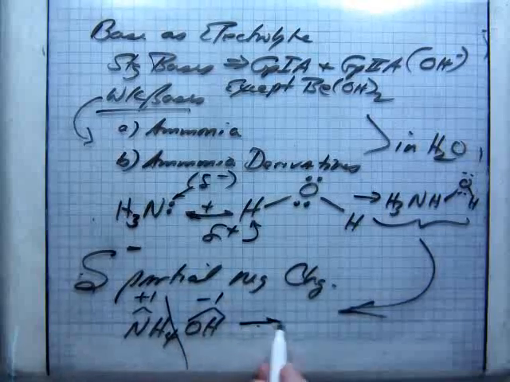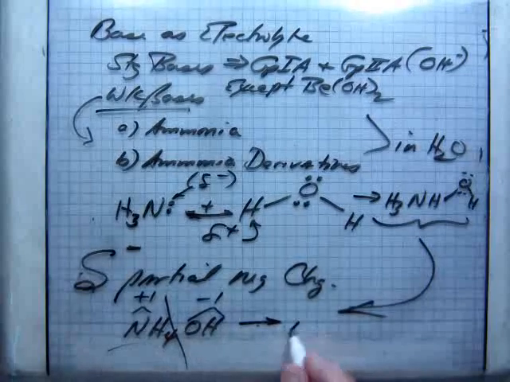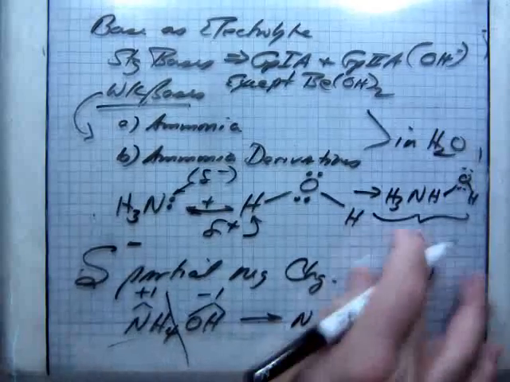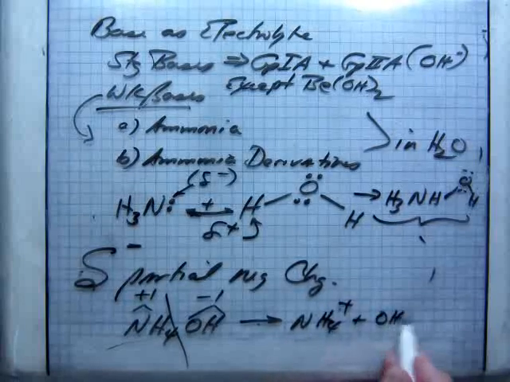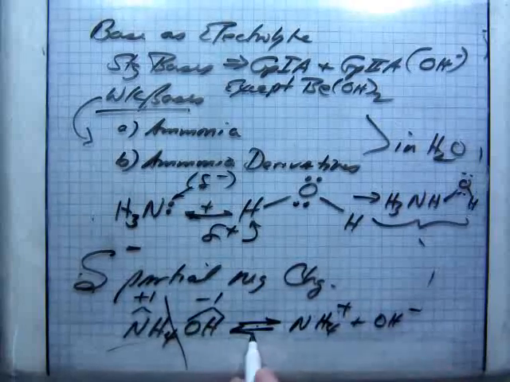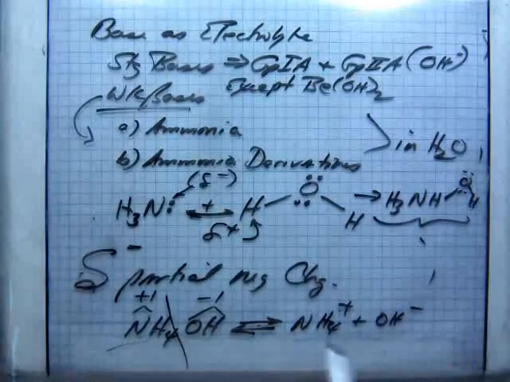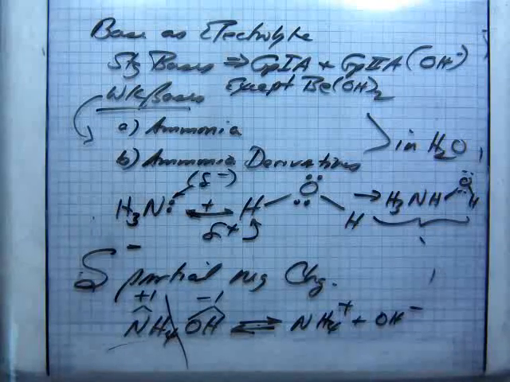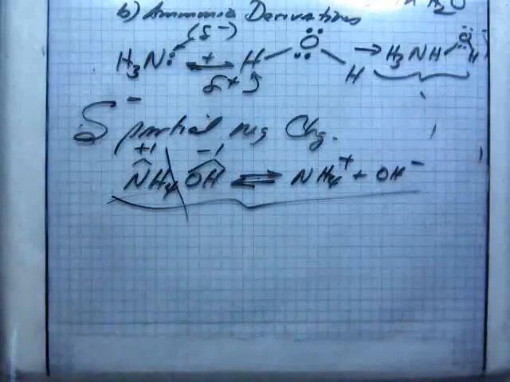And when it breaks into two parts, the cation and the anion, it goes to NH4 plus OH minus, but is in equilibrium with the molecule. So you'll have the molecule and the ammonium and hydroxide ions all floating around together. And this is what constitutes the weak bases.